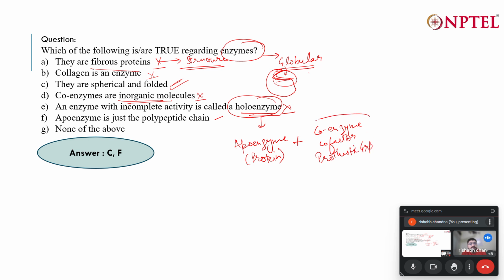These three are the additional components of the enzyme that help in the substrate to product conversion. If we combine these, that forms the holoenzyme, and apoenzyme is only the protein part, just the polypeptide chain. Yes. So the correct options are C and F.